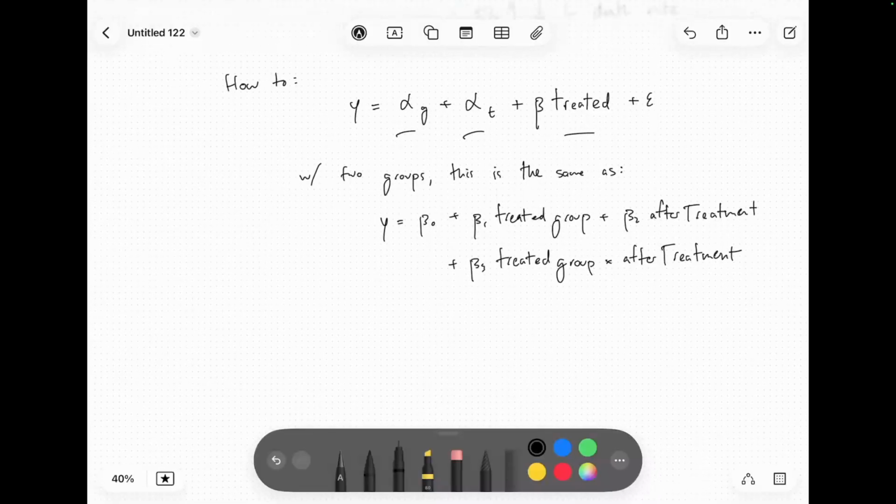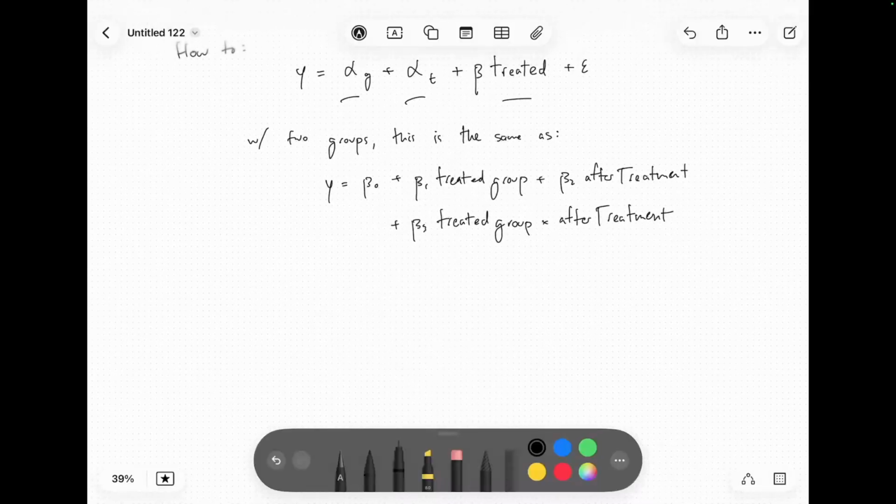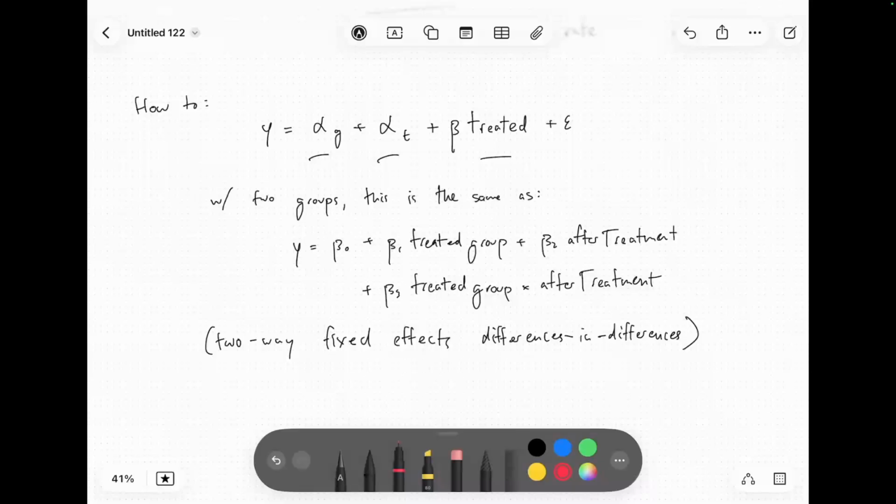This is actually just known as two-way fixed effects. Differences in differences. Because in two-way fixed effects, we essentially are having a control for two different groups.